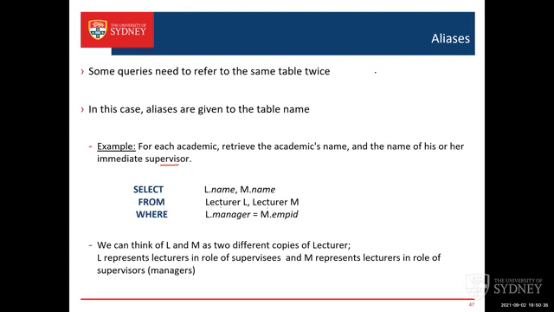Let's say I have the lecturer's name and his manager's name. Since I have both of that information in the same table, I might need to use that table twice. If I need to do that, I can do it using rename. If I simply write lecturer L, lecturer M, that means I have one copy, L, of the whole lecturer table, and I also have M, which is the whole lecturer table. Then I can compare.